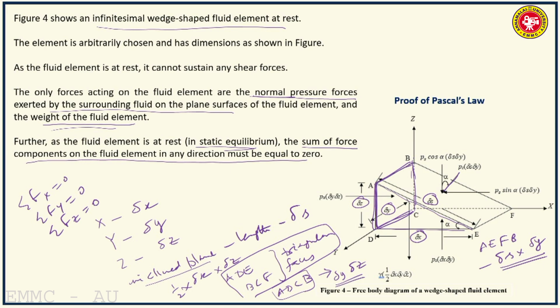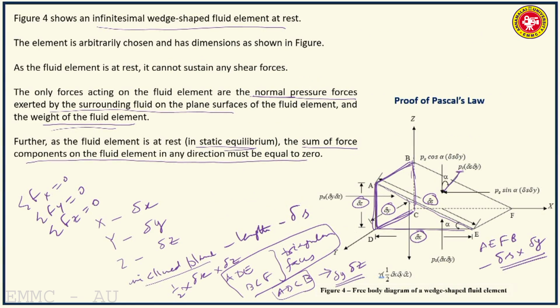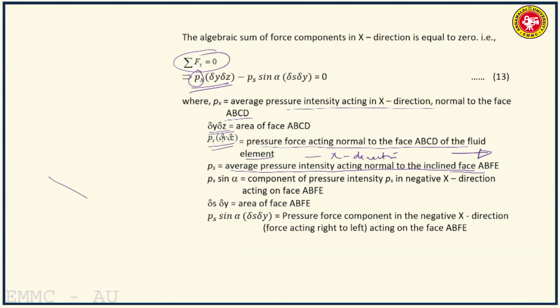Let it be Ps. So what is Ps? Ps is the average pressure intensity acting normal to the inclined face ABFE, this face. So it is acting normal to the face.